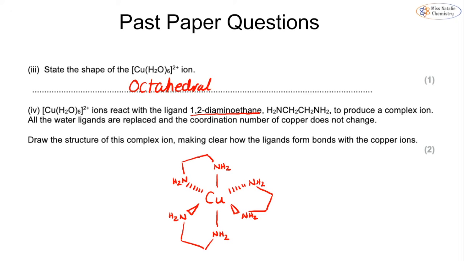So each of these points here are, of course, our CH2s. And that would be the structure that we would get. And of course, we have to put our square brackets around, and this would still be a 2+ complex because we don't have any charge on the 1,2-diaminoethane, whereas the copper still remains copper 2.